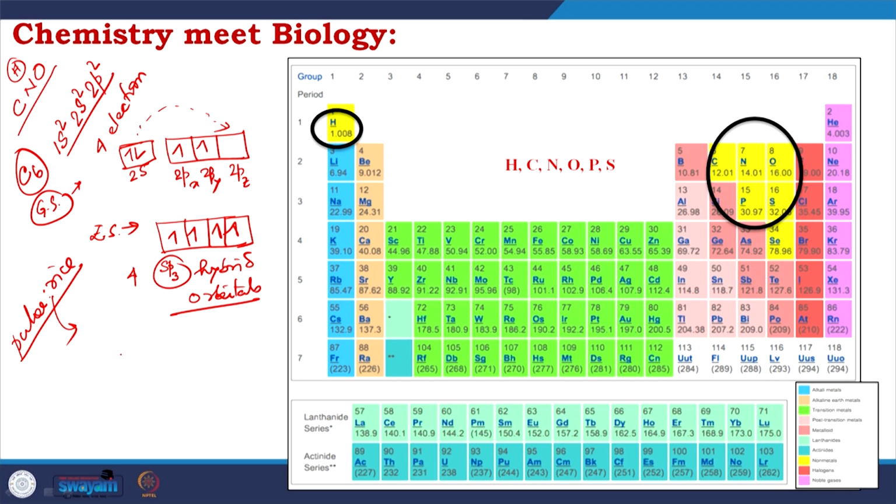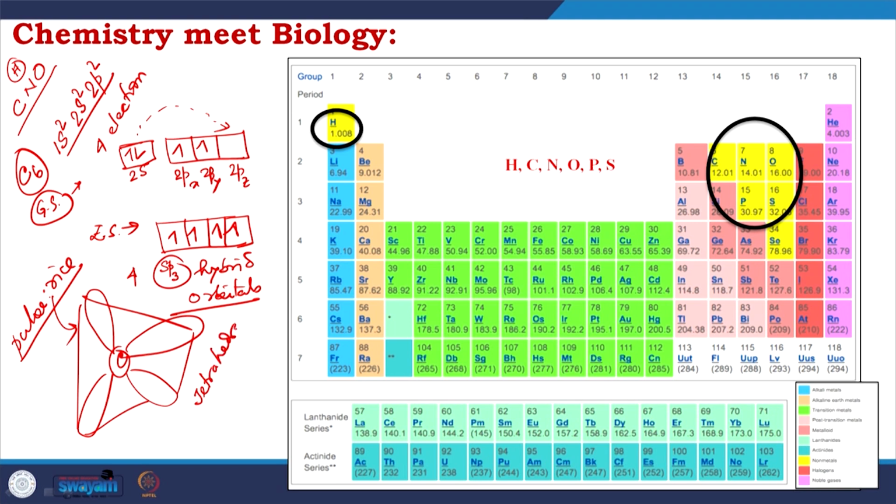This carbon is now having 4 sp3 hybridized orbitals, which help the carbon to form a tetrahedral structure with the angles 109 degree 28 minutes.